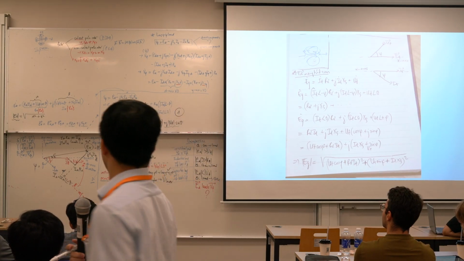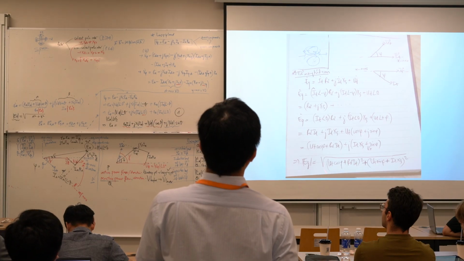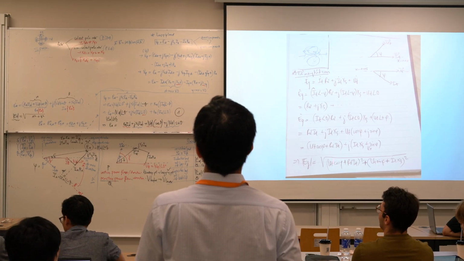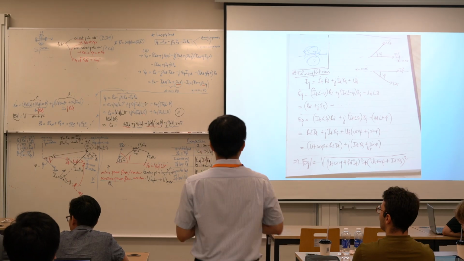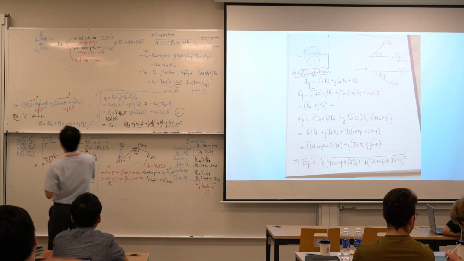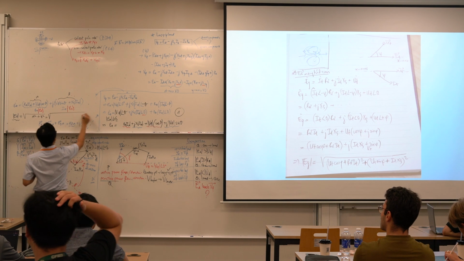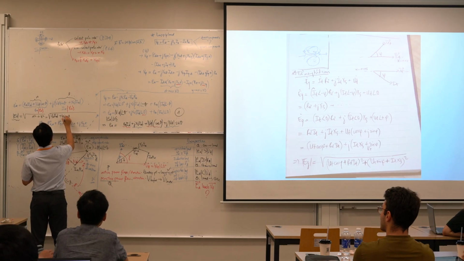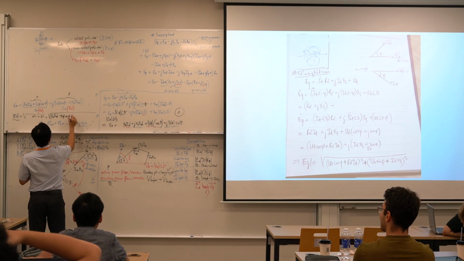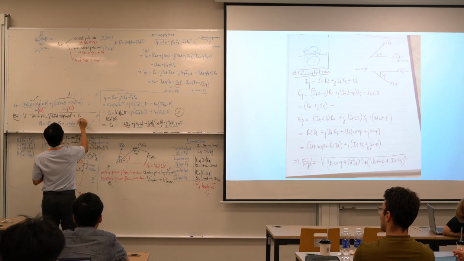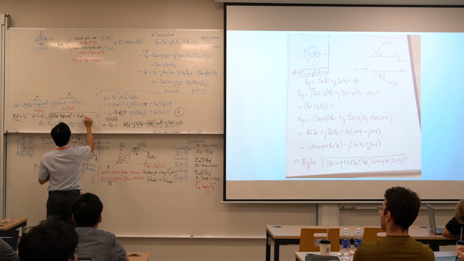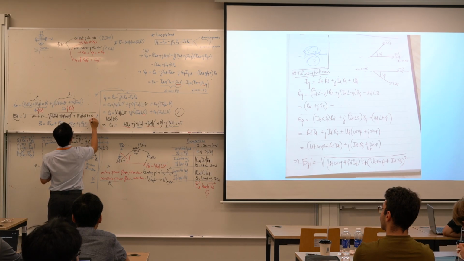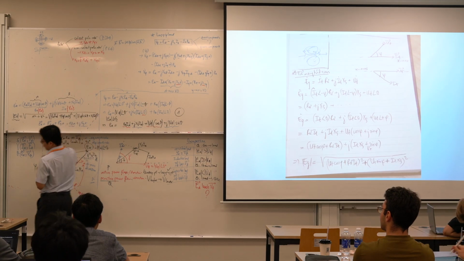So you get the square root of (RA IA plus V phase cosine theta) squared plus (V phase sine theta plus XS IA) squared.